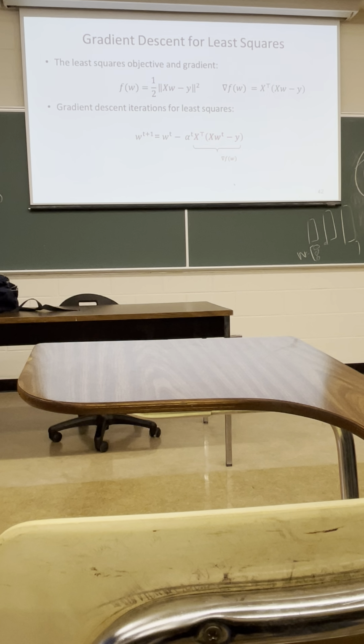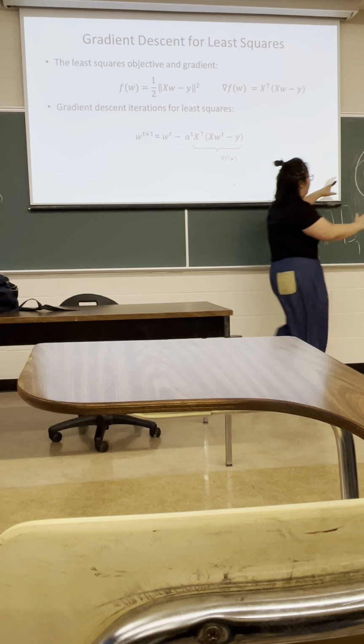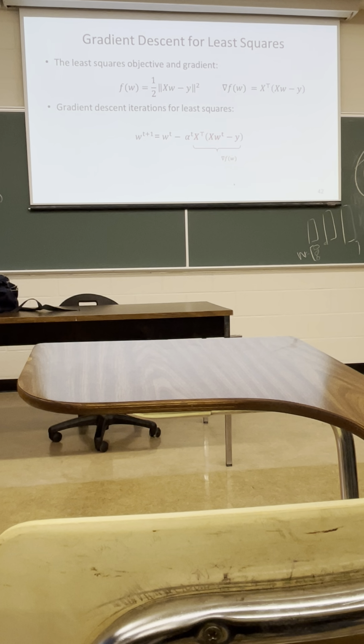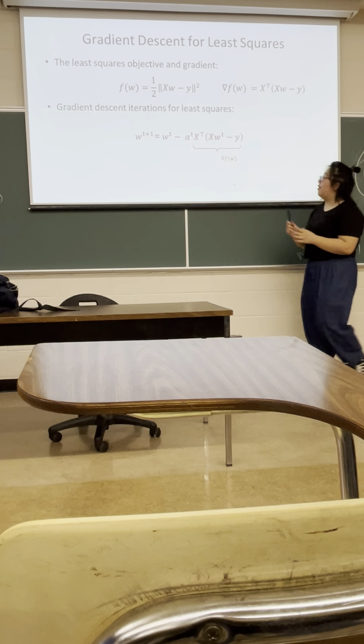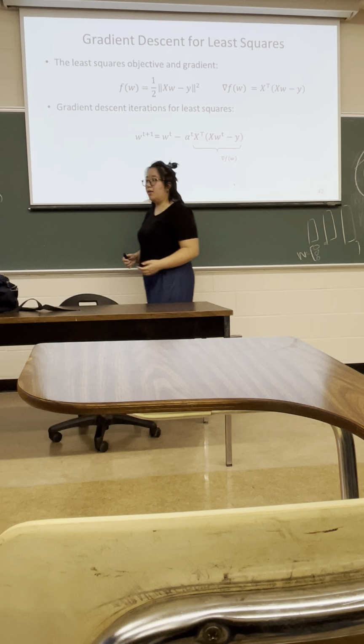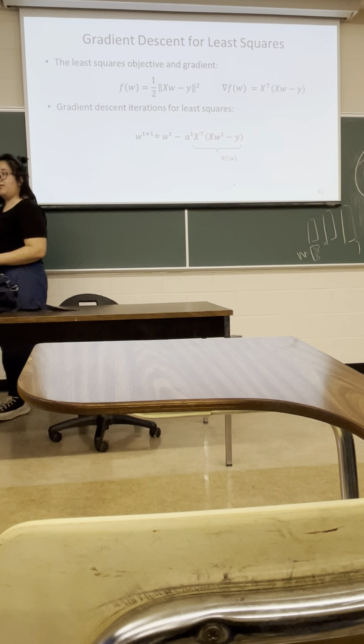Is the X right now all of the data? This depends on how you define your training data. Typically, the overall idea is that X is the whole training set, the capital X I draw over here, which is n by d. N is the total number of training data you have, and d is the dimension of each data entry. Also, if you don't want to use all of your training data, you can define a subset.